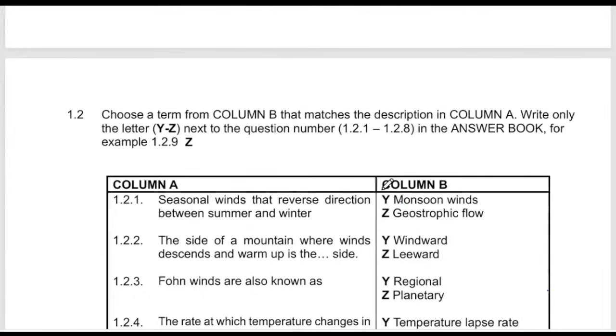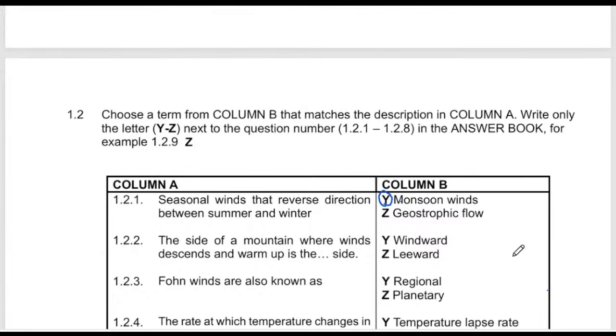The reason for their development is the alternating temperatures during summer and winter between land and water. So there is also a shift in the pressure cells, such that the wind moves in one direction during a particular season, and shifts to another direction in another season. That is what we call the monsoon winds.